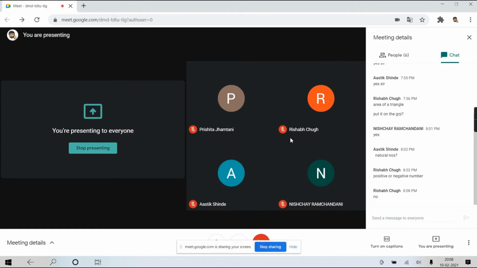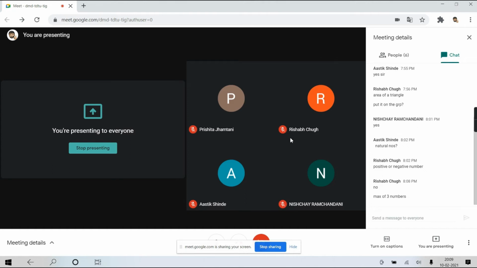What was the next example after this I gave? Maximum of 3 numbers, something like that. So can you try for maximum of 3 numbers? Okay, try. Prishita also, you try. I expect from all of you.